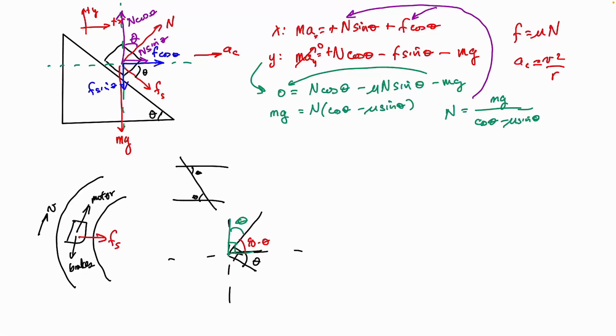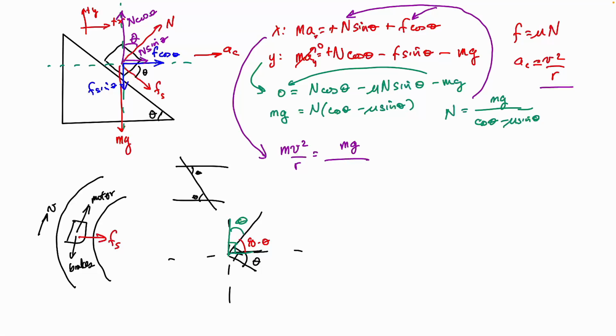What am I going to put in the place of f? Mu times n. Okay, so let's bring that down over here and see where we get. This is mv squared over r. That's me substituting in the definition for centripetal acceleration. I then stick in my normal force. It's going to get ugly.